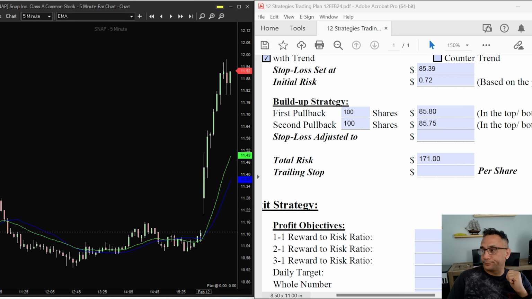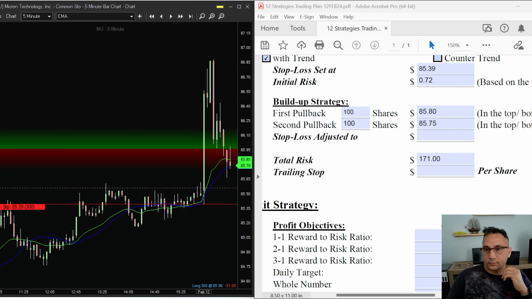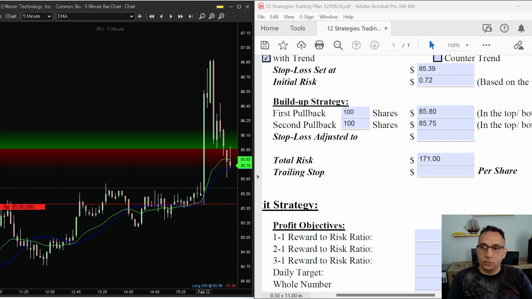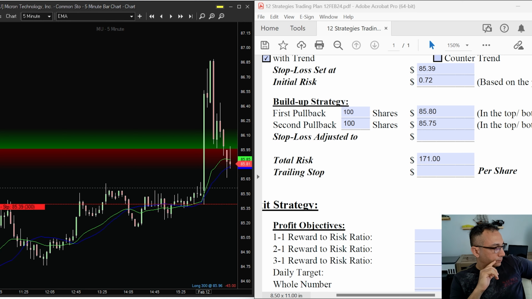Snap still going up. 20 is still holding so far. Come on.